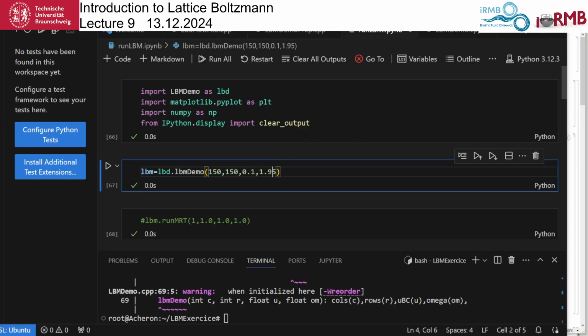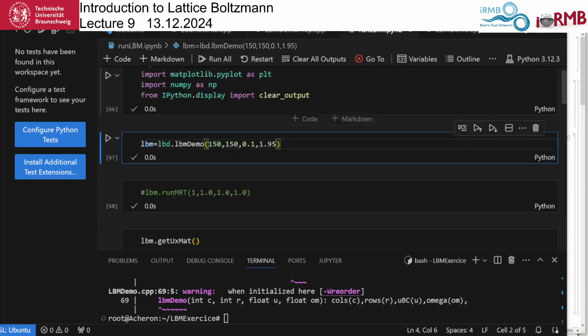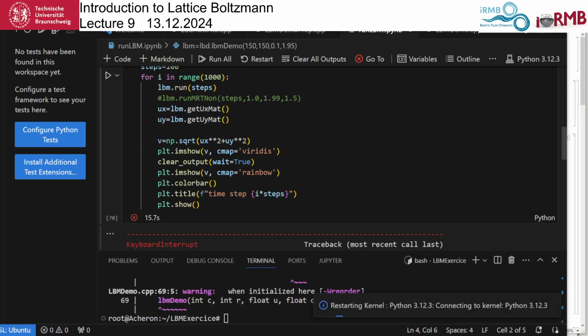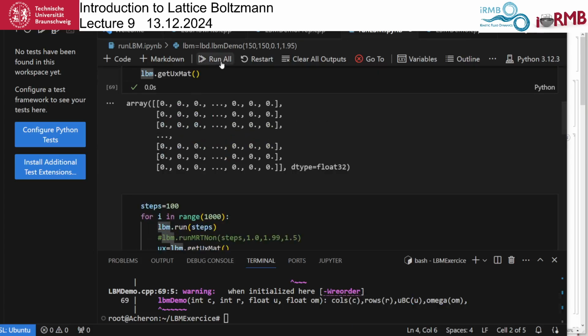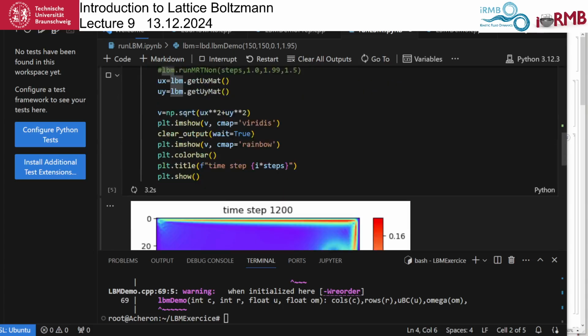This was the situation that we had: grid size, velocity, relaxation rate. Restart and run with BGK. This is what happened.